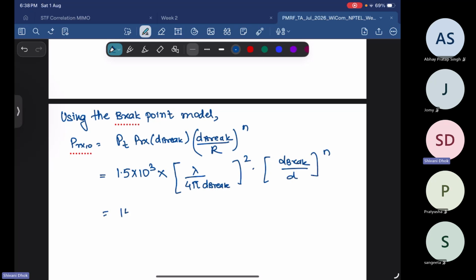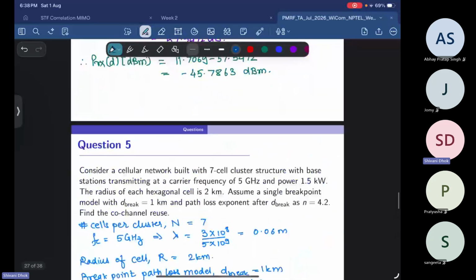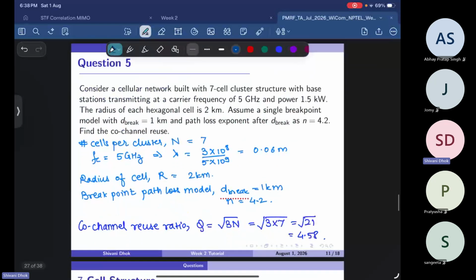So this is 1500 into lambda, which we had calculated in the first part in question 5.